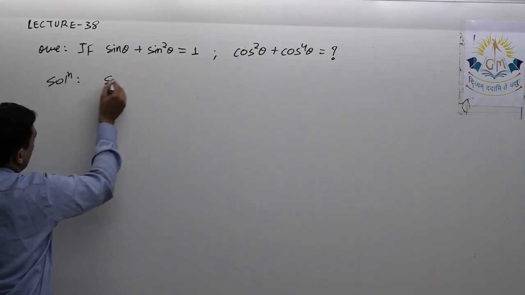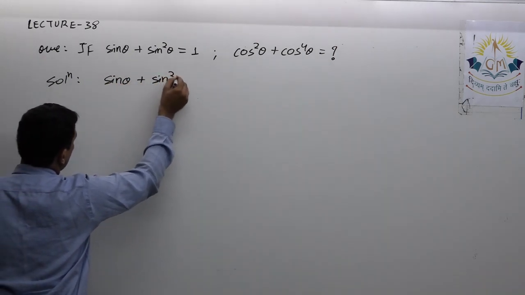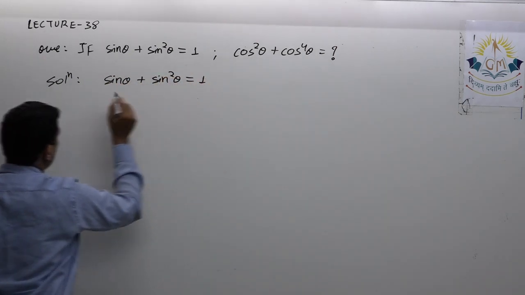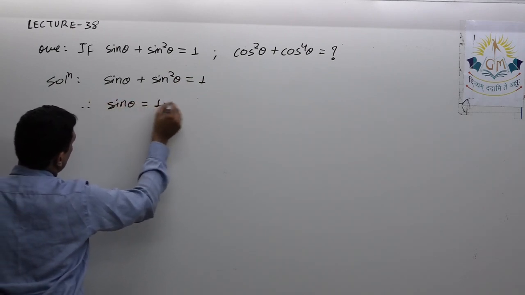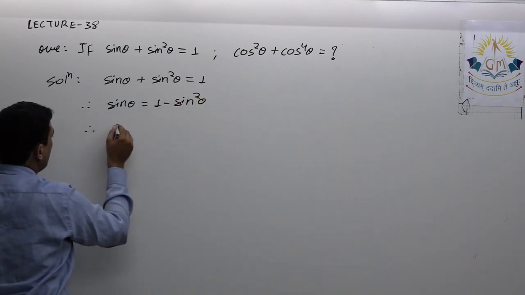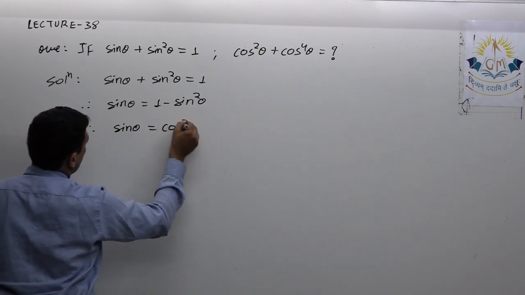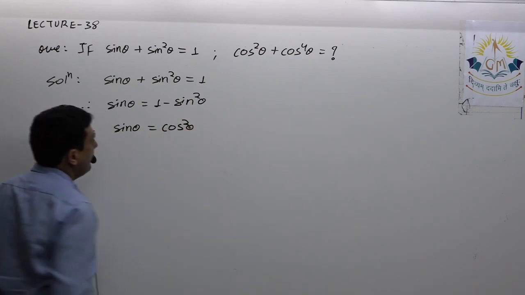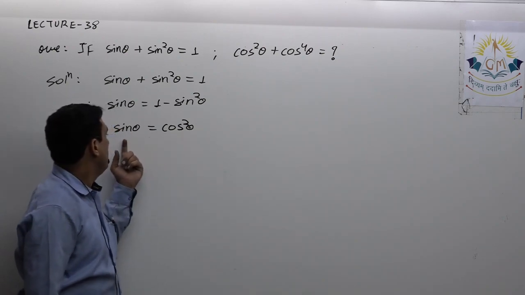It's very easy actually. Here we have sine theta plus sine square theta is equal to 1. So I can write sine theta is equal to 1 minus sine square theta. So this gives me sine theta is equal to cos square theta.